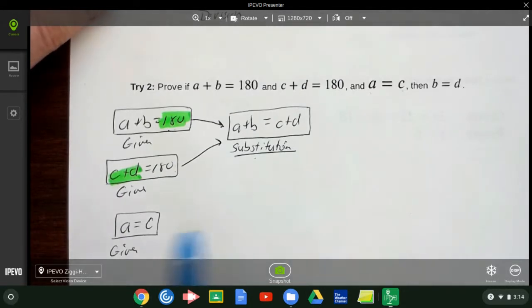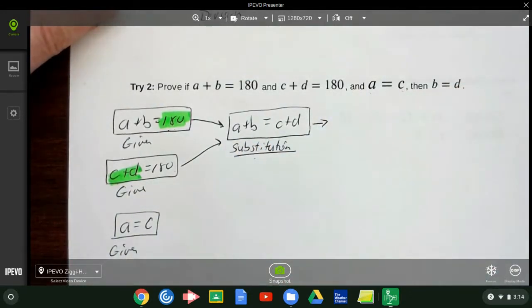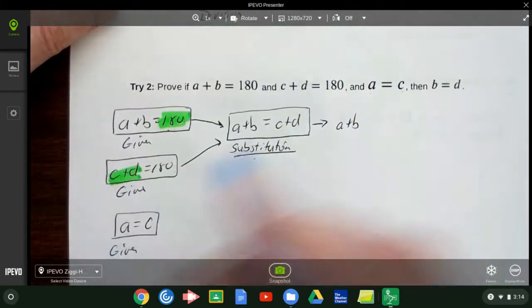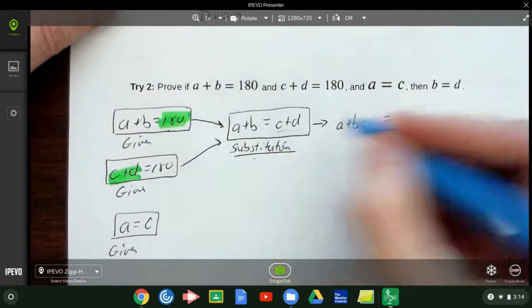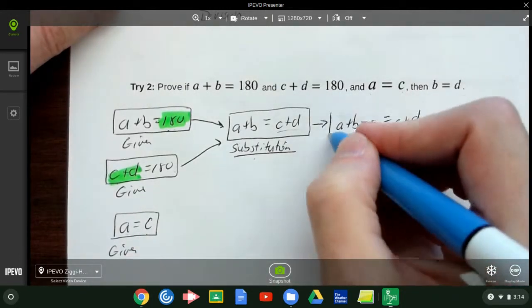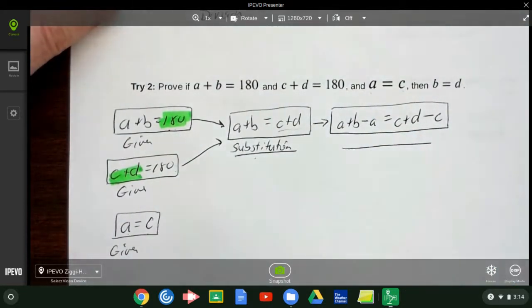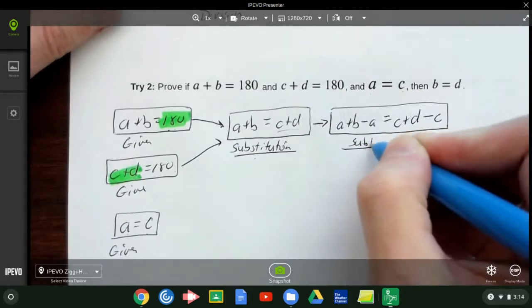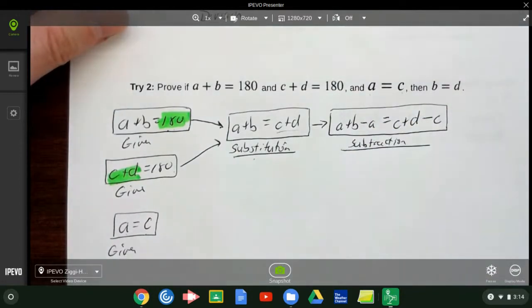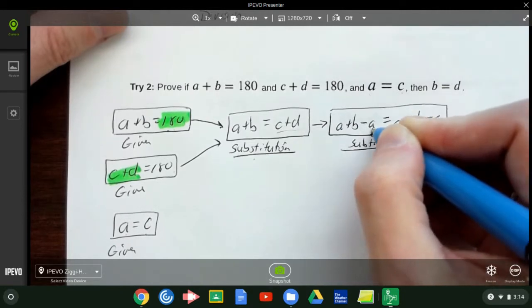And I go, well, since a = c and I have this equation here, I'm going to take this side of the statement, a + b, and subtract a. I'm going to take this side of the statement, c + d, and subtract c. What is my reasoning for that? Hopefully you said subtraction. Of course, what I didn't do is leave myself enough room here. I should have left a little bit of room so I could actually then say b = d. So that finishes off my proof.